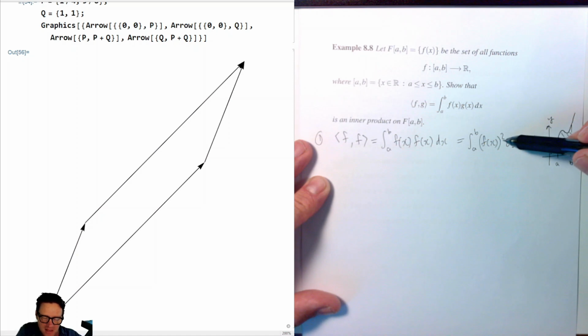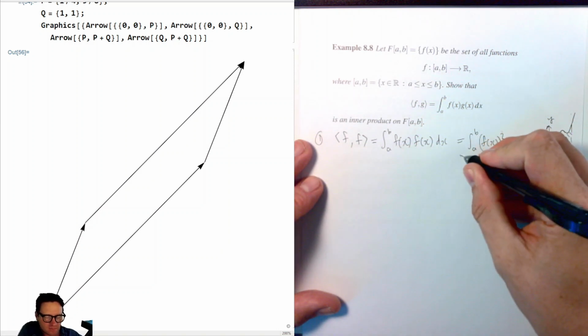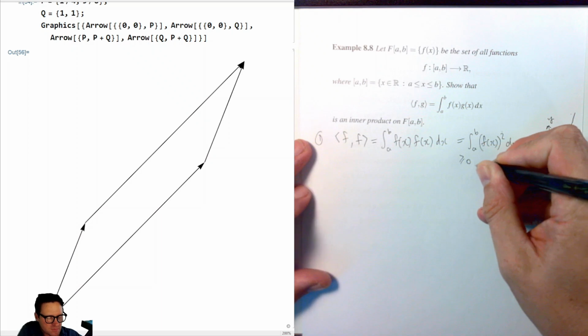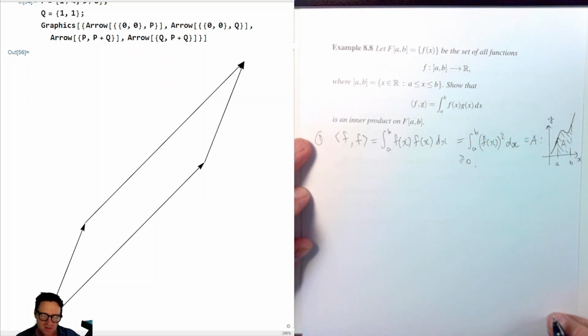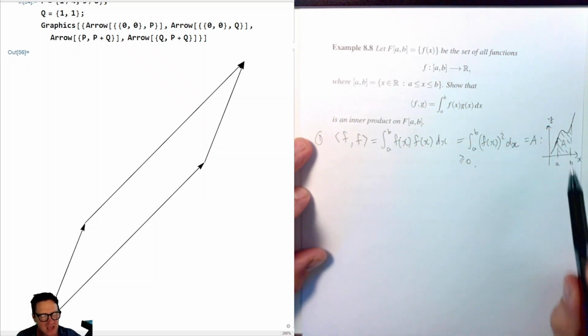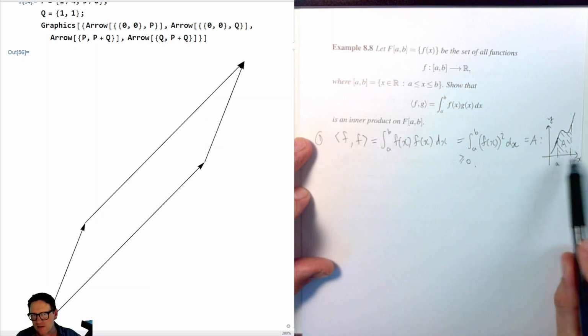Now, since we have a square that we're integrating, this is above the x-axis or on the x-axis, so that area must be greater or equal to 0. Okay, now can it be equal to 0? Yes, it can. It can be equal to 0 if we have our function being just the 0 function.